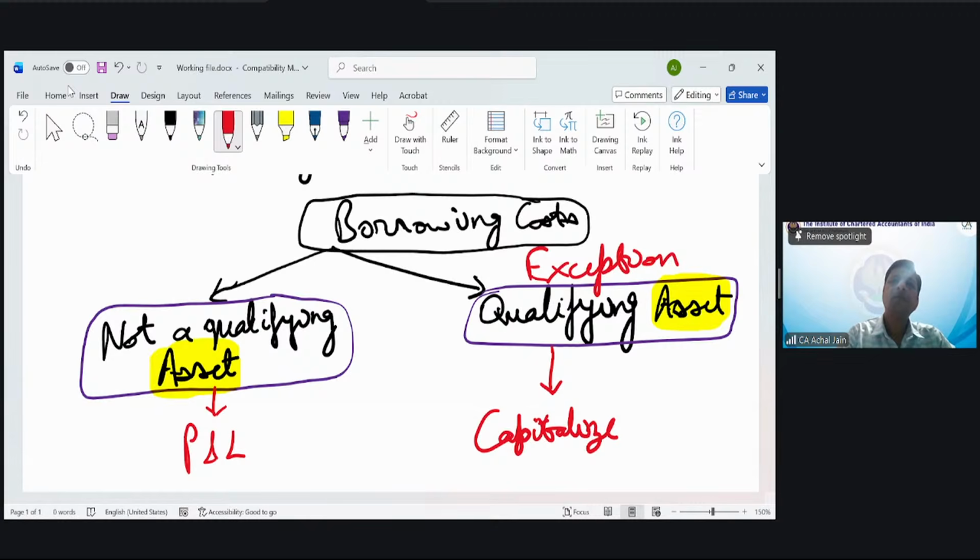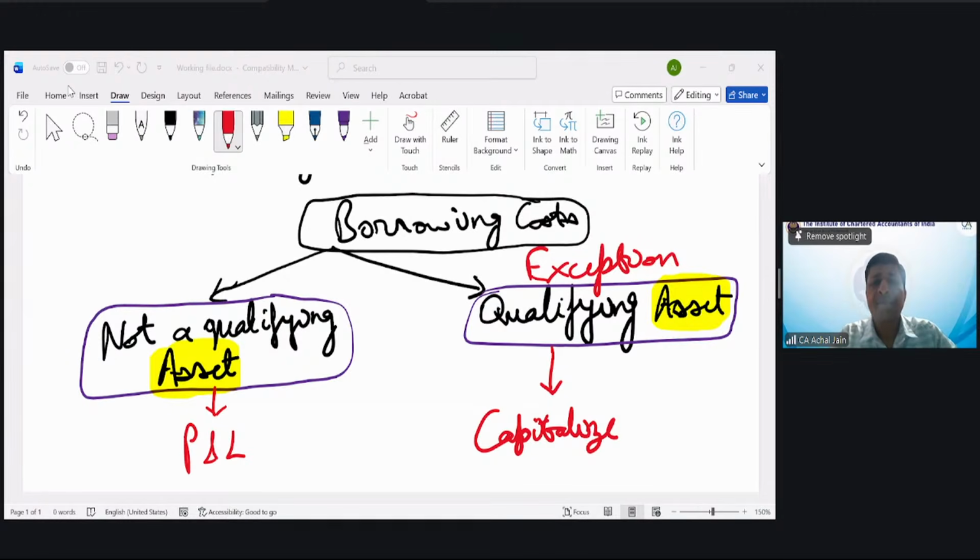Is this a qualifying asset or not? Again, depending on the period, you'll have to assess that on the basis of the period.